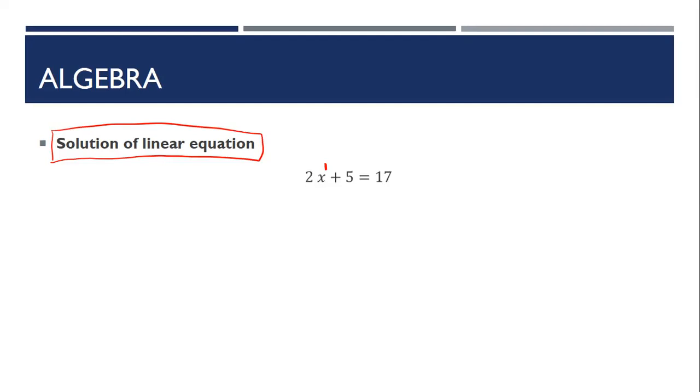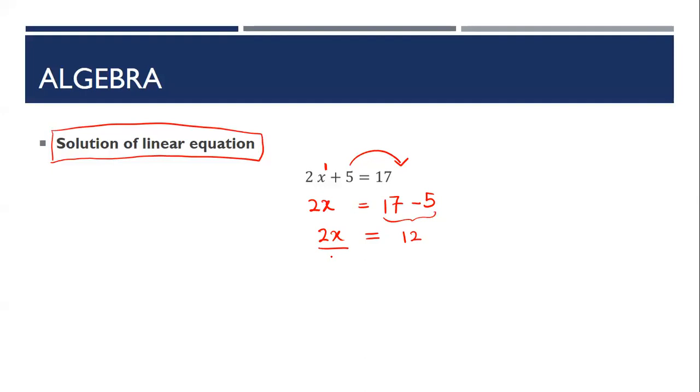Yeah, our answer is x equal to 6. So let's see. So 2x power 1 plus 5 equal to 17. So we have to solve this. So here 2x, and this plus 5 I am taking to the other side as minus 5. So I can write 2x equals 17 minus 5. 17 minus 5 is 12, so 2x equal to 12.